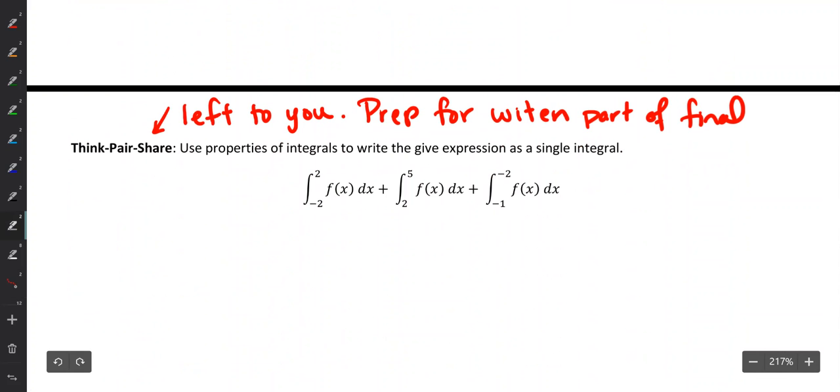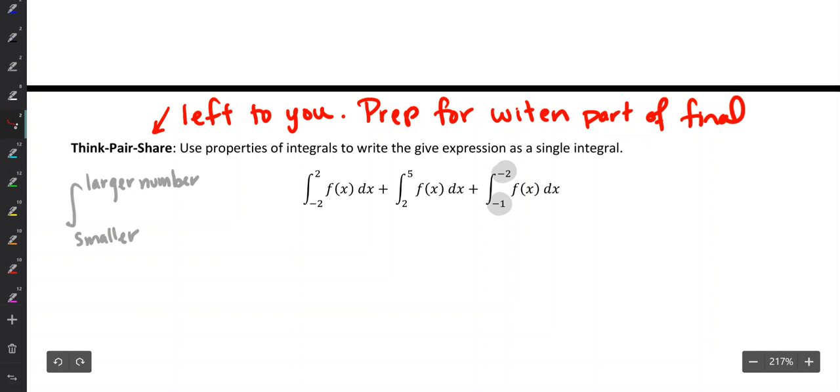It is easier to think about these areas when the lower bound down here is the smaller number, and the upper bound in that limit of integration is the larger number. And I want you to just notice that -1 is actually bigger than -2. So you may want to switch these limits of integration, but you have to go and use a property.